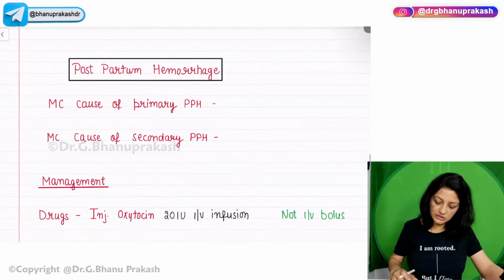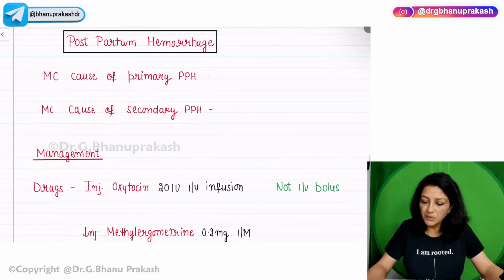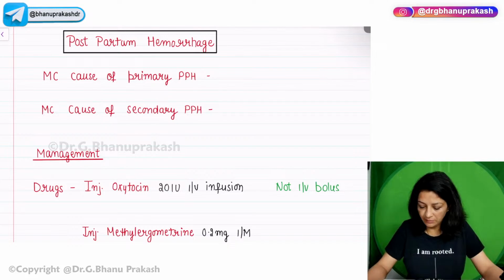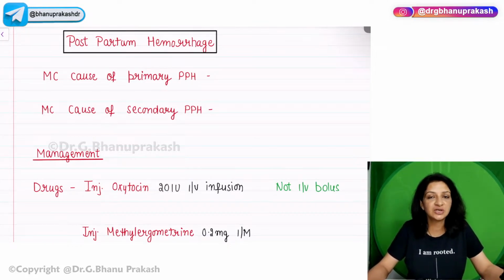Next topic is postpartum hemorrhage. Postpartum hemorrhage means any bleeding from the genital tract of the female after the birth of the baby.